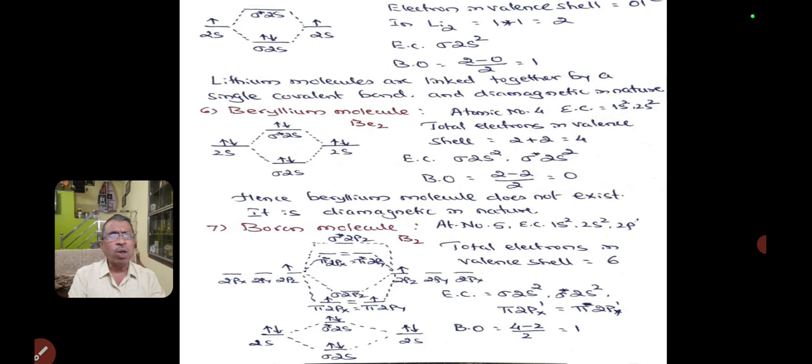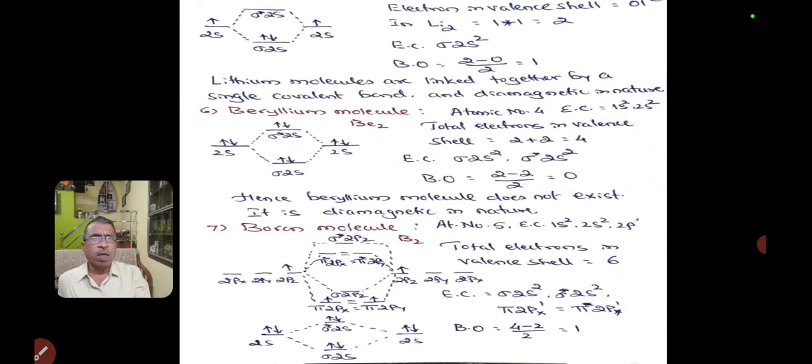Next comes the boron molecule. Boron has atomic number 5, electronic configuration 1s2, 2s2, 2p1. This contains 3 valence electrons, 2 in 2s and 1 in 2p, and the total number of electrons in the valence shell of the boron molecule will be 6. Therefore, the molecular orbital electronic configuration becomes sigma 2s2, sigma star 2s2, pi 2px1 equal to pi 2py1.